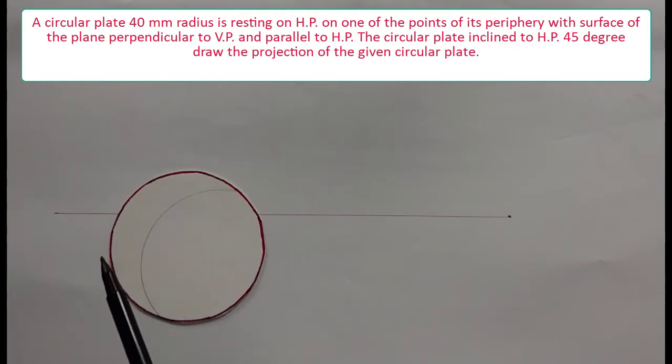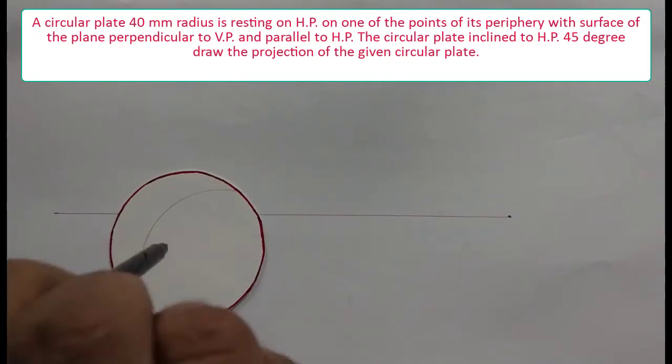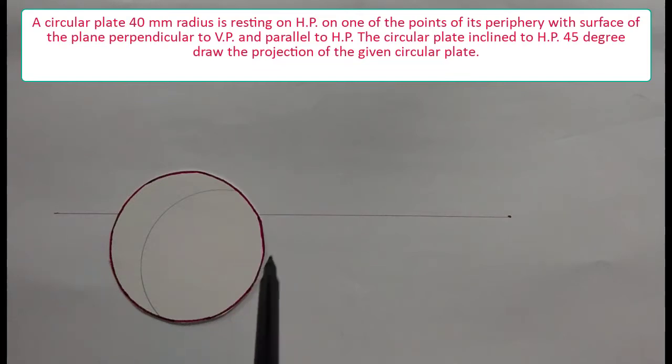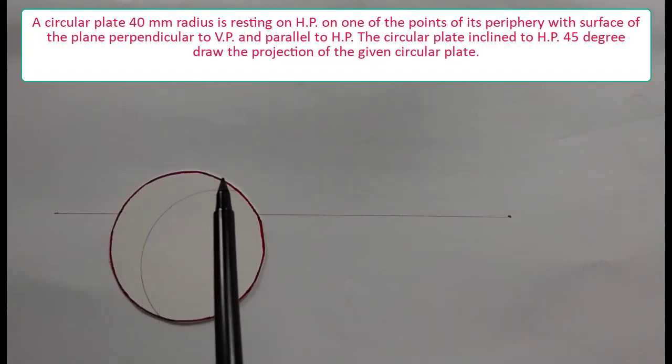It is resting on HP. So when I see the top view, it is the true shape of the given plate as a circle with the given dimension. But your elevation, it is a line on XY.